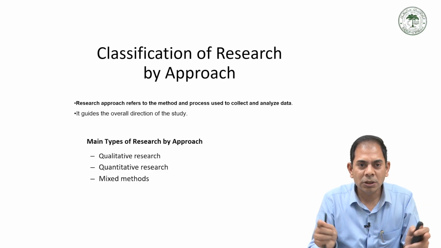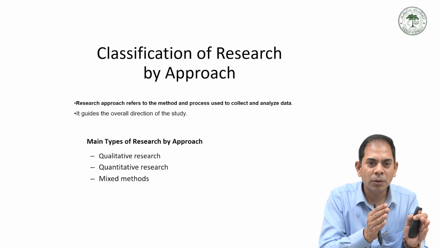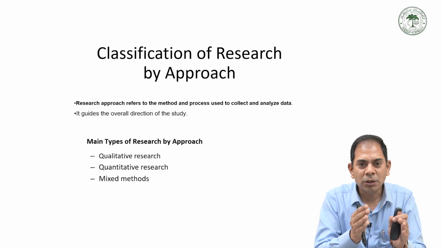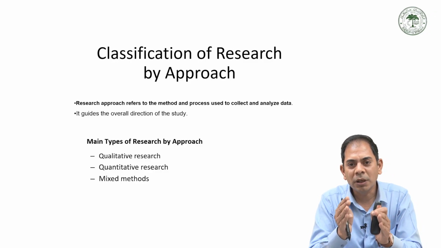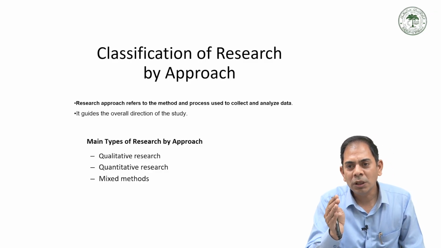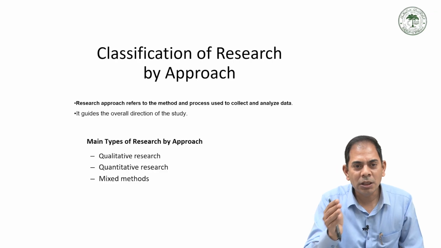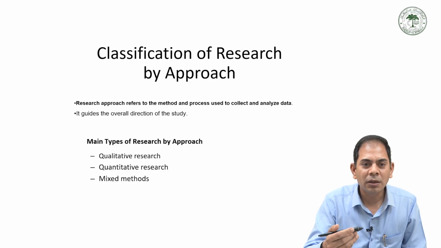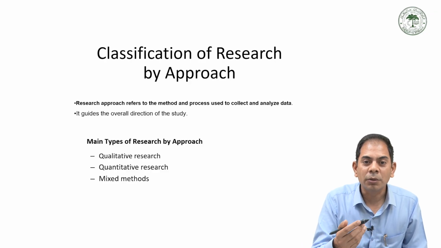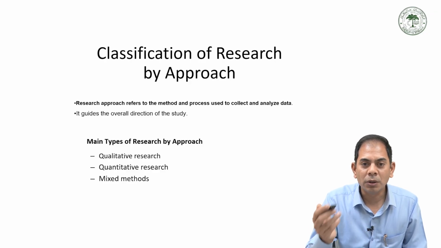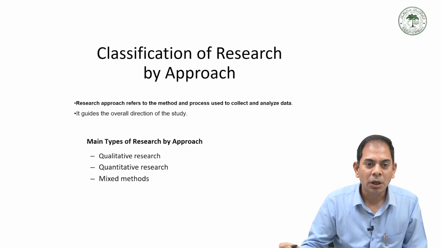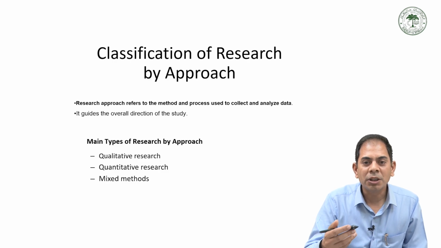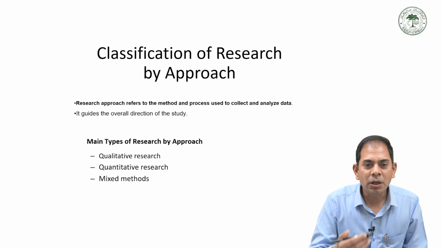In simple words, it tells us how the researcher conducted the study, what kind of data is collected, and how it is interpreted to find out conclusions. So it guides the overall direction of the study, and this is very important.